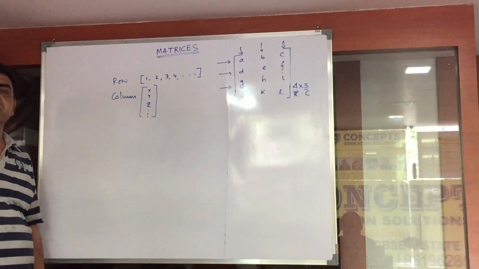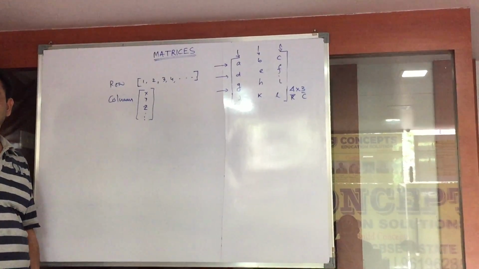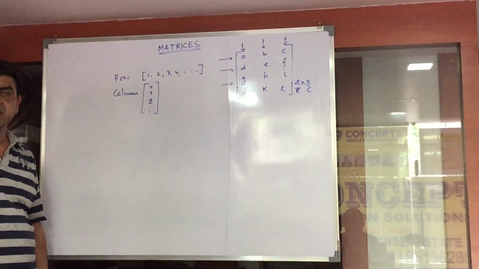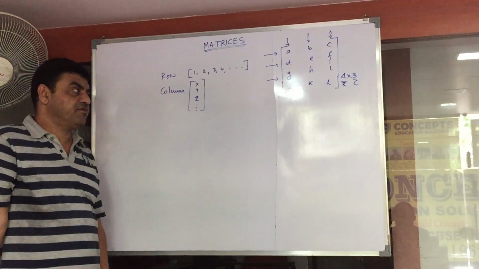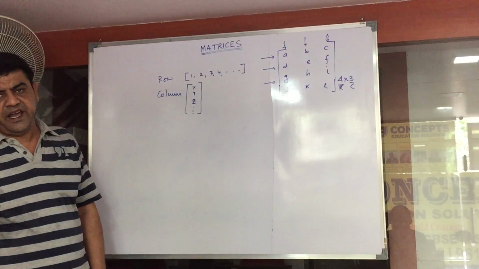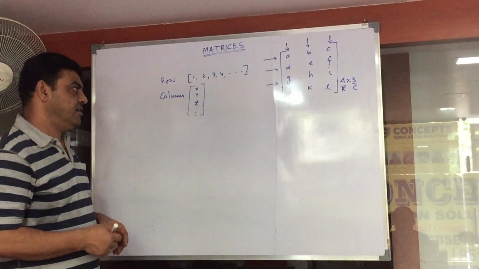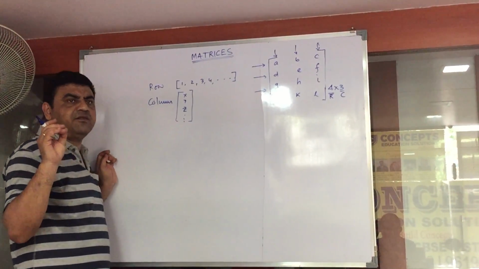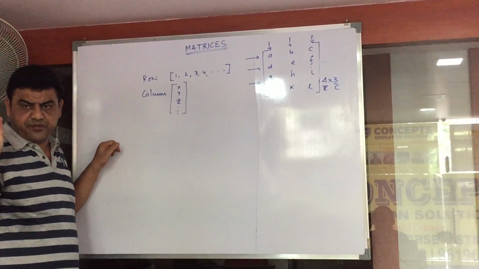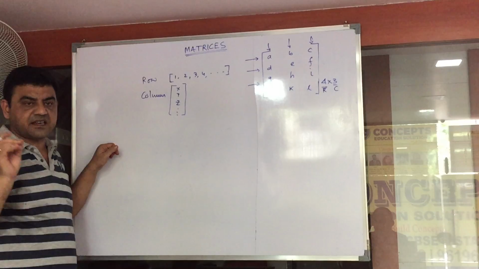Square matrix means the number of rows and number of columns are equal, and the number of elements could be any perfect square number. So it can start from 1, 4, 9, 16 like that. So a square matrix is where the number of rows and columns are the same.